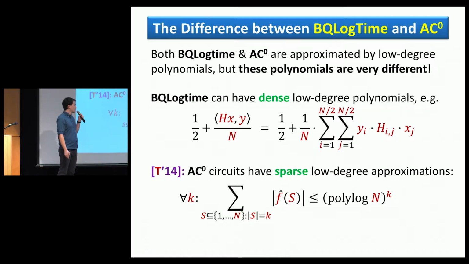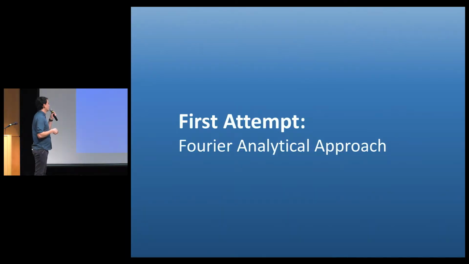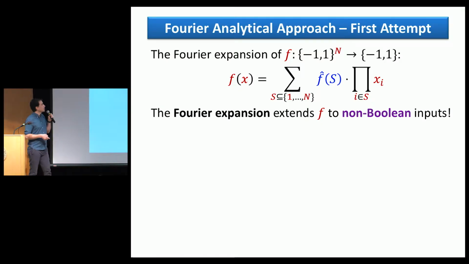So the first attempt would be to take this result and try to show using it that the correlation distribution is pseudorandom. And by the name you can guess how it will end up: the first attempt is to use a Fourier analytical approach.